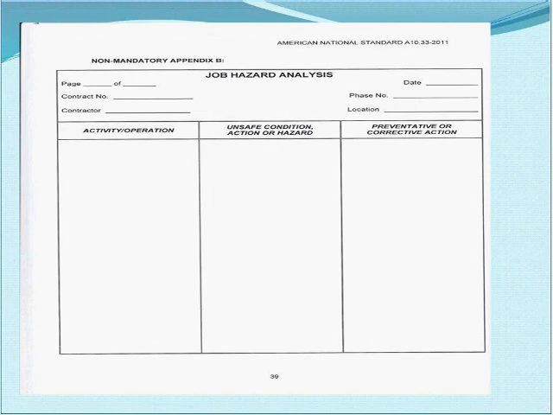people can get killed. And then the preventative or correction action is, for instance, in the case we just talked about, if you look in subpart R, you will see that there is a requirement that the general contractor give in writing to the steel erector permission to begin steel erection, and that all of the anchor bolts that are in there are in good shape and haven't been bent or removed.